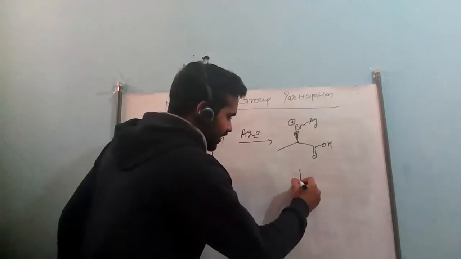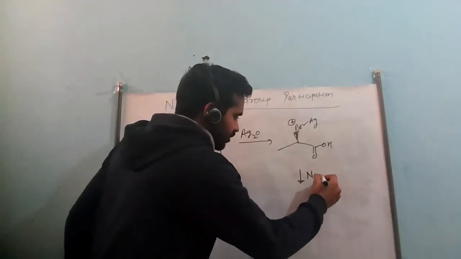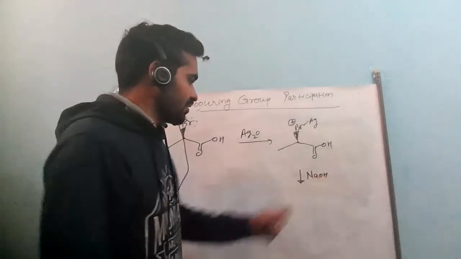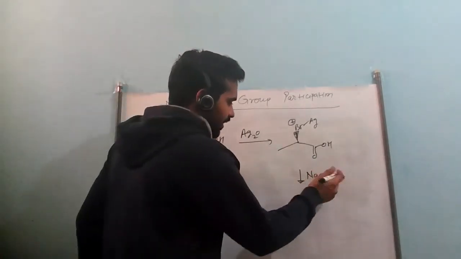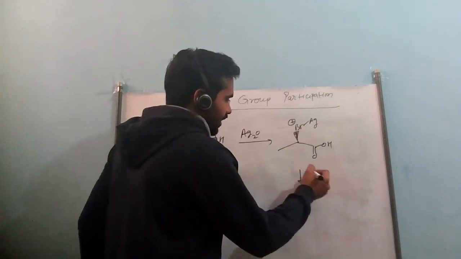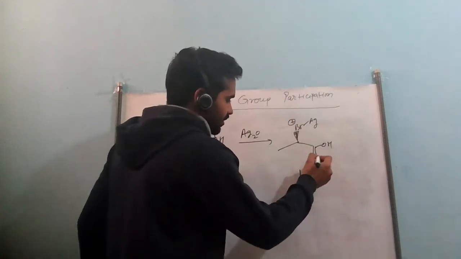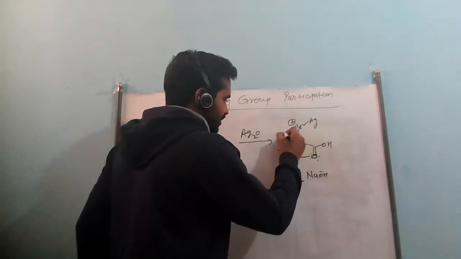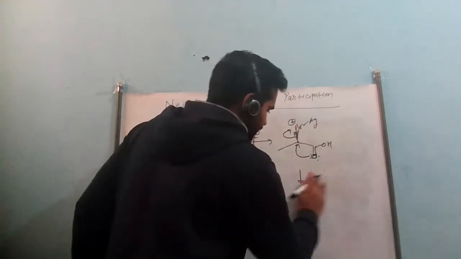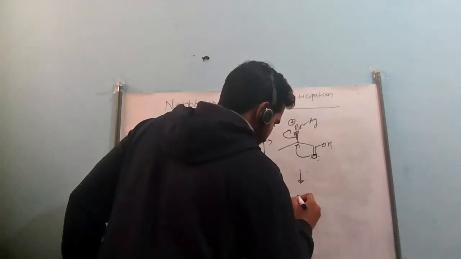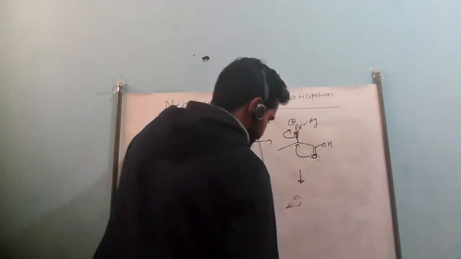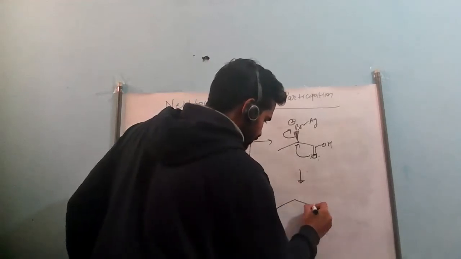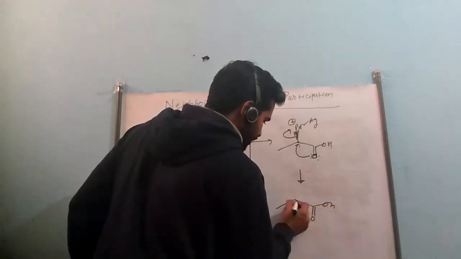And in the second step, suppose I add NaOH. Before any negative charge attacks here, this oxygen has a lone pair. So this lone pair will interact here, and this group will be removed, and we will get this compound.